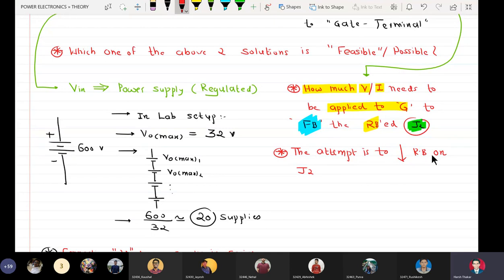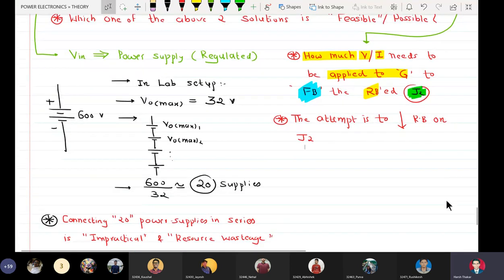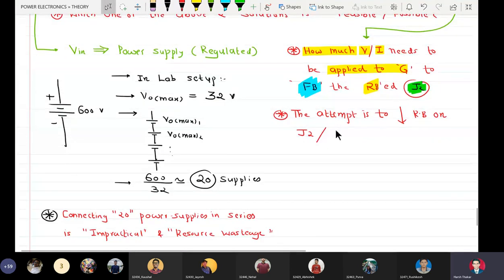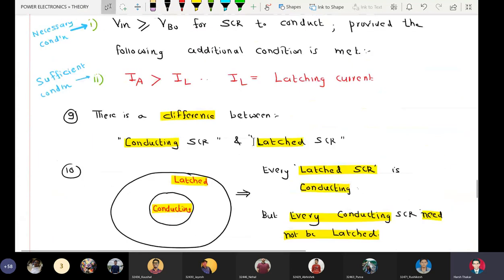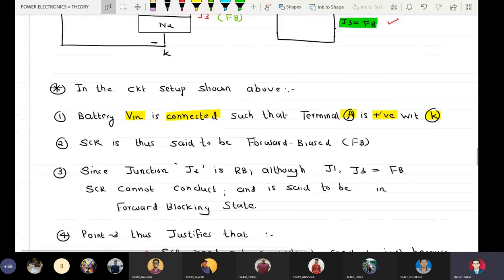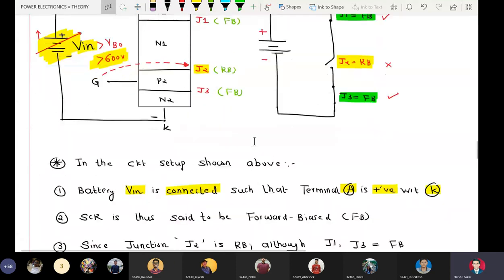Or we can say, neutralize the reverse biasing on J2. How do we do that? You know that the opposite of reverse bias is forward bias. So we will try to apply an increasingly forward bias on the junction on the gate terminal. Okay, the solution is this.